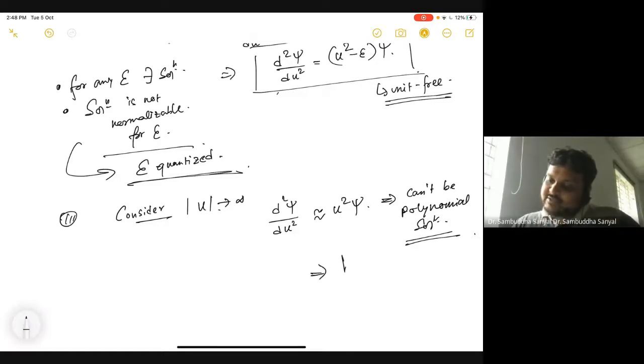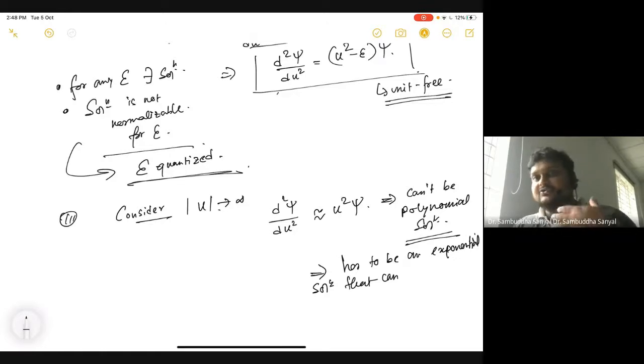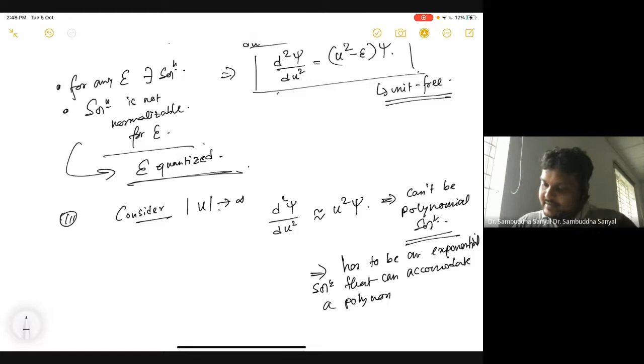So it has to be an exponential solution that can, in principle, we don't know yet whether it should by physical reason, accommodate a polynomial as multiplicative factors. Now you might feel when I write such things, it is not so obvious.